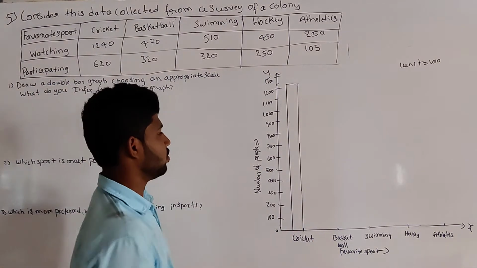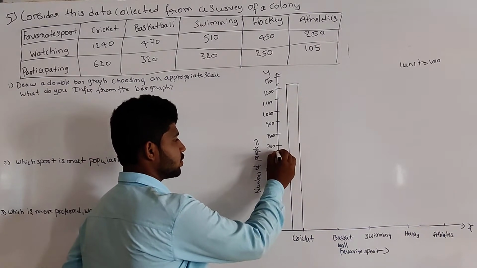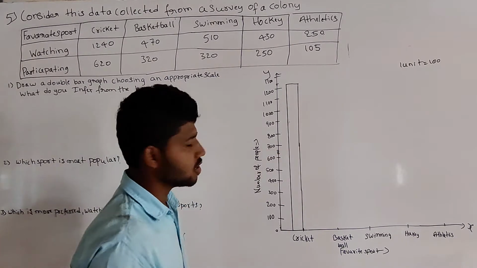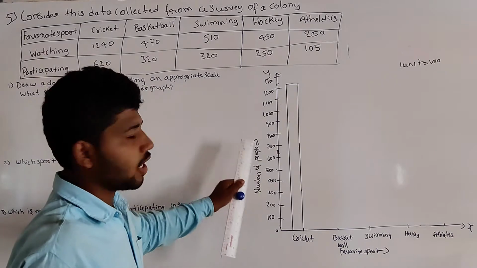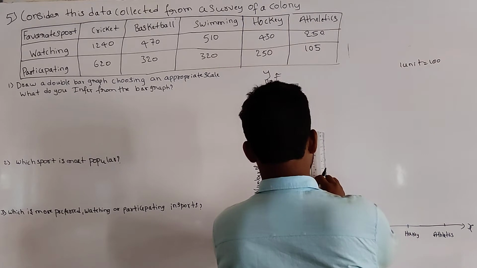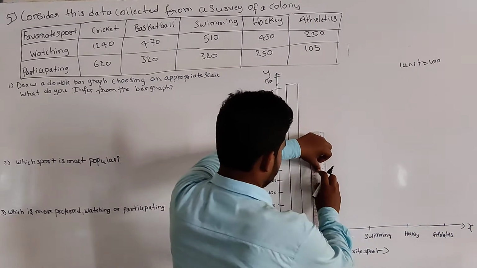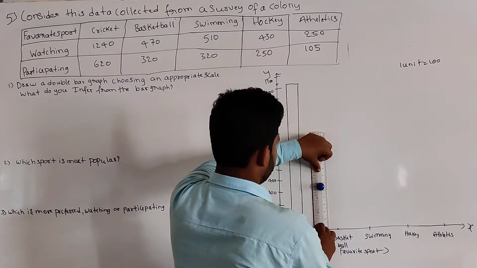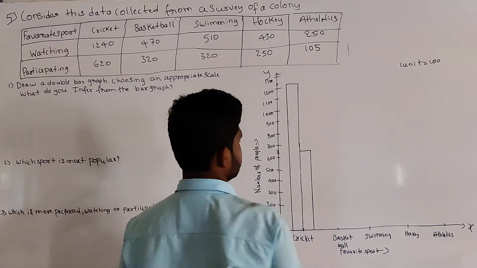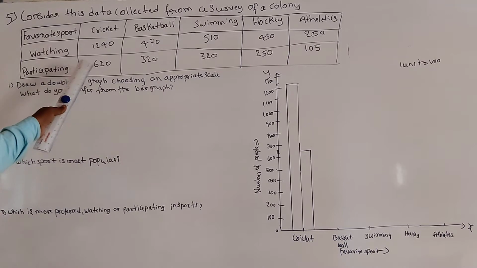You will get 620 in between 600 and 700: 630, 640, 650 above it, so 620 is just above 600. Draw the bar up to 620. This is the number of people participating in cricket.